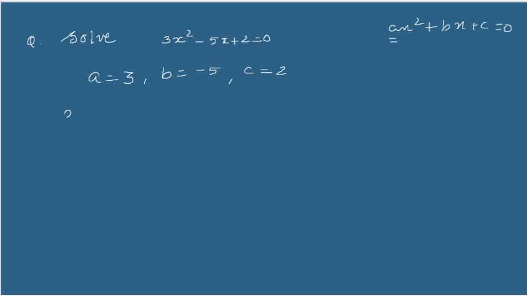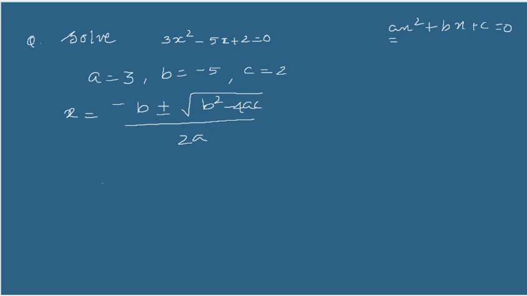Now let's apply the formula. x is equal to minus b plus or minus root of b square minus 4ac divided by 2a. Hereafter, you can directly apply the values of a, b and c, or first you can find the discriminant b square minus 4ac and then apply the formula.